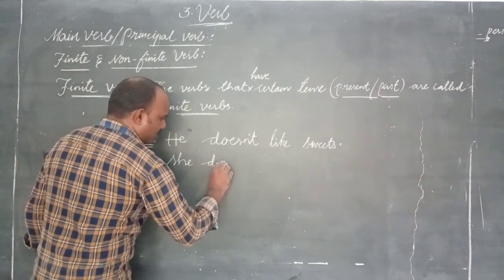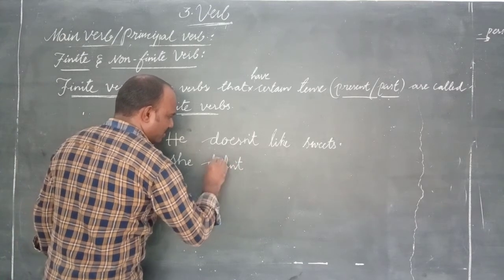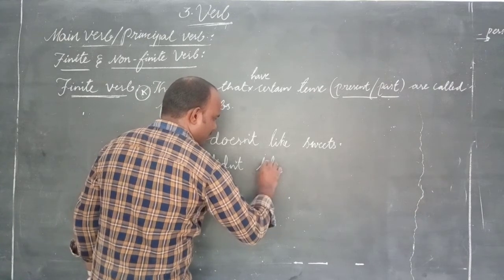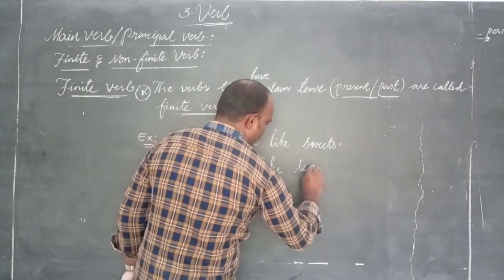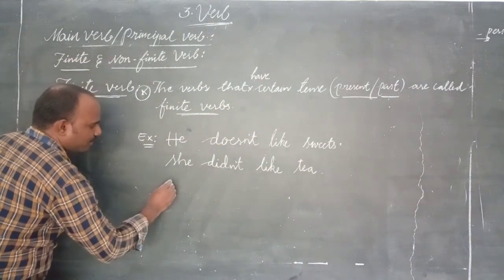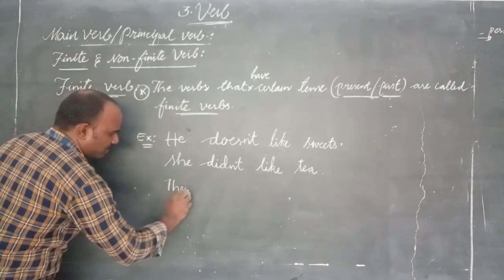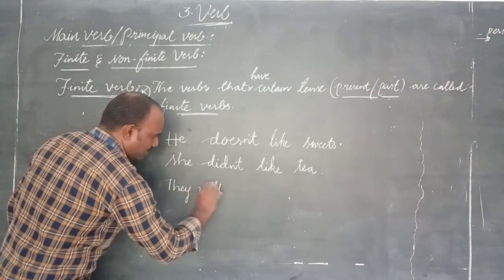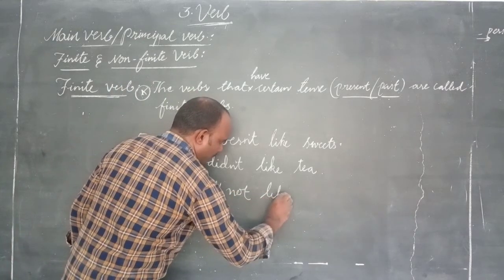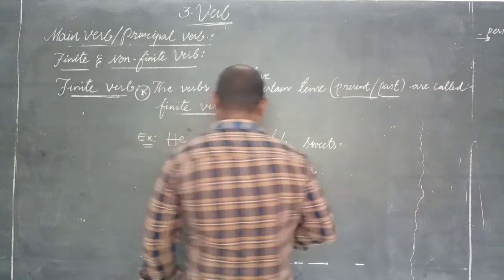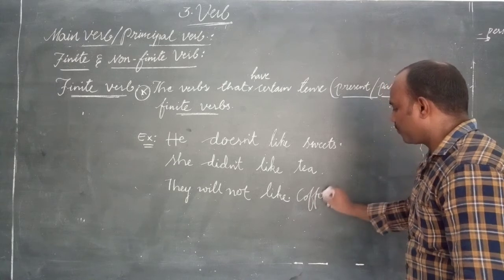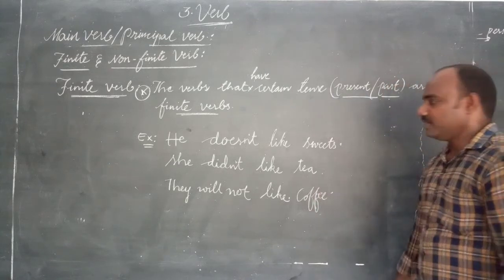She didn't like tea. They won't like coffee. Look at these three sentences.